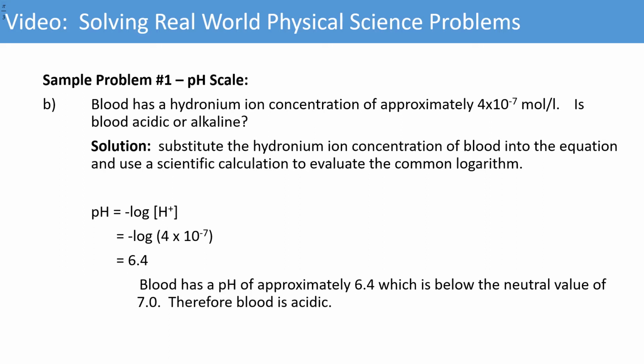Substitute the hydronium ion concentration of blood into the equation and use the scientific calculator to evaluate the common logarithm. pH, as we said before, is equal to negative log H+, which is negative log 4.0 times 10 to the negative 7, and we get 6.4. Blood then has a pH of approximately 6.4, which is below the neutral value of 7.0, so it's considered to be slightly acidic.